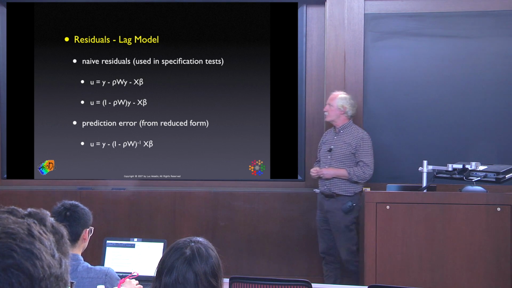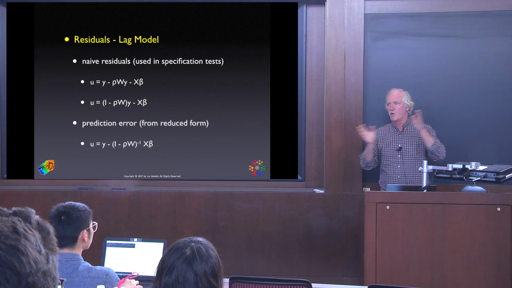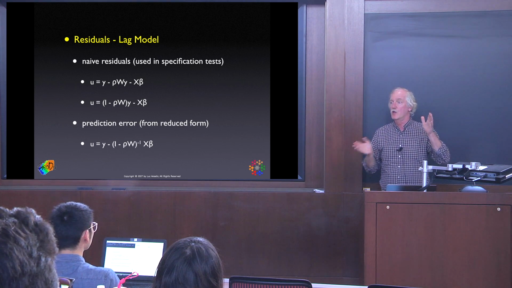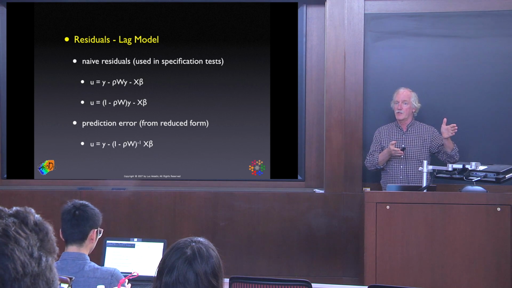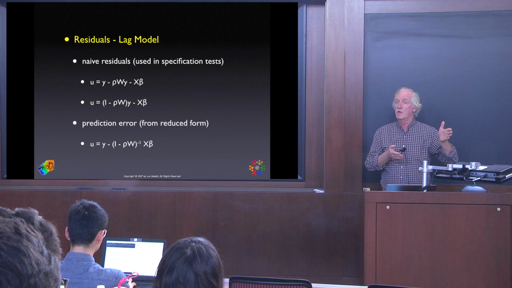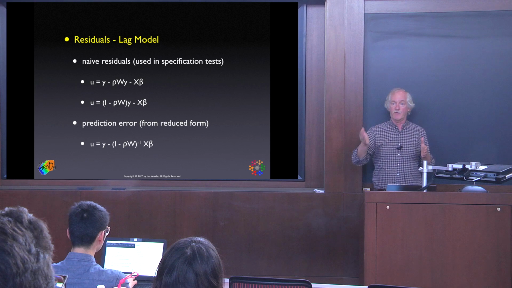So important, there's a kind of bifurcation, two different notions of predicted value, one that doesn't make a lot of sense but can be computed, and another one that is a predicted value from the reduced form.